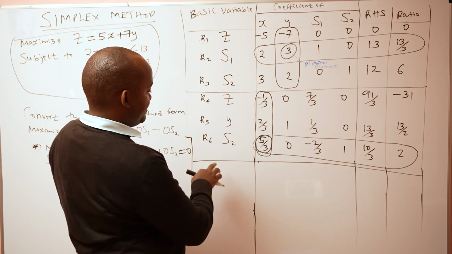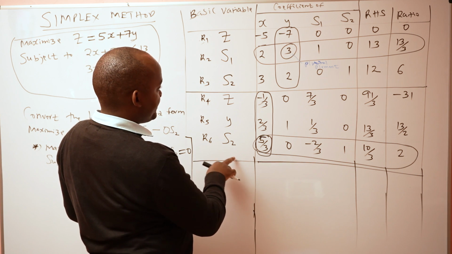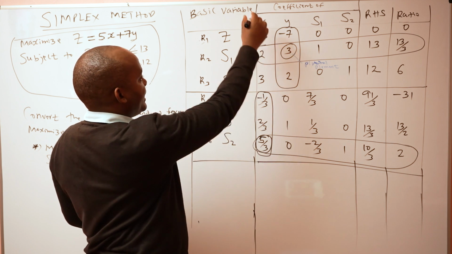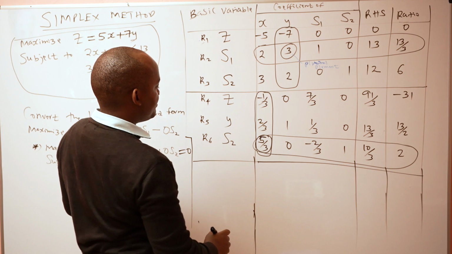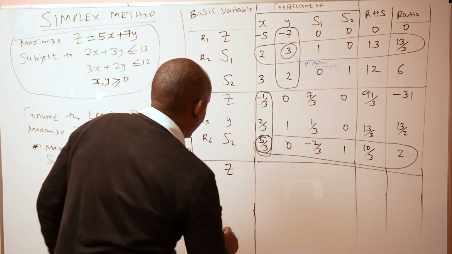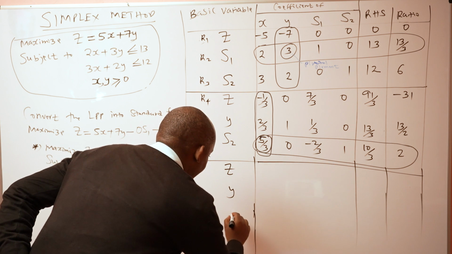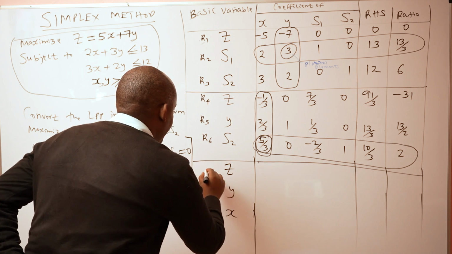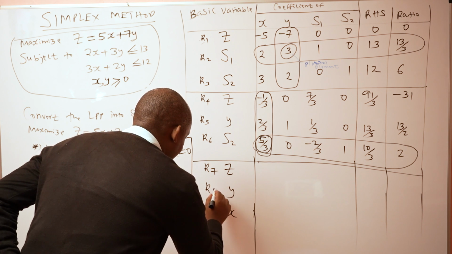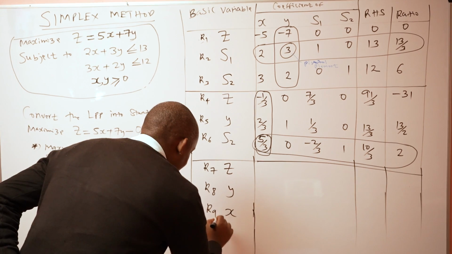So S2 will be leaving the product mix and X is joining the product mix. In our next table, we shall have Z, Y, and now X. You can label these row number 7, row number 8, and this row number 9.